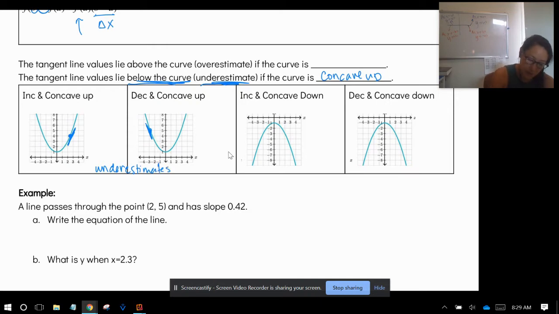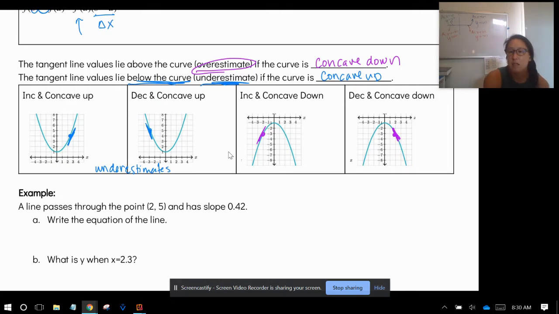If the curve is concave down, then we have an overestimate, and it's because the tangent line is above the curve. Oops, I wrote that in the wrong spot. Because the tangent line is above the curve. So it doesn't matter if we're increasing or decreasing.